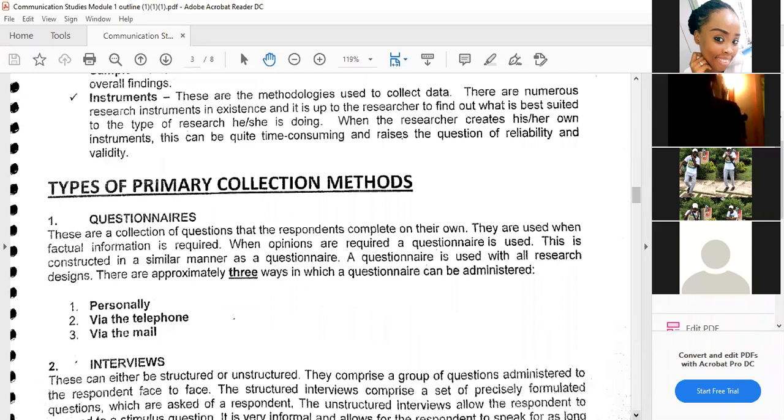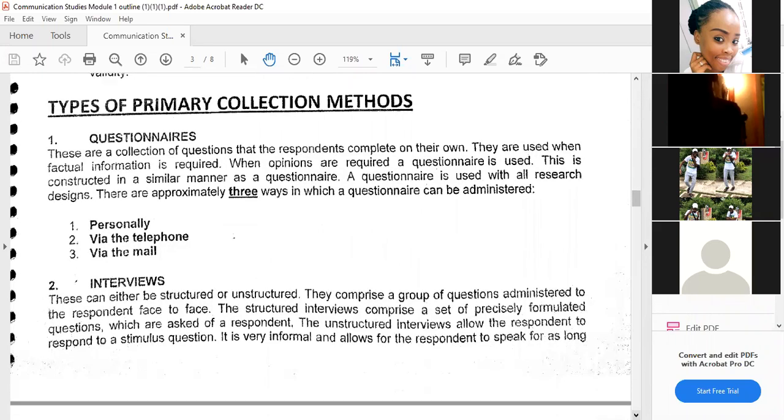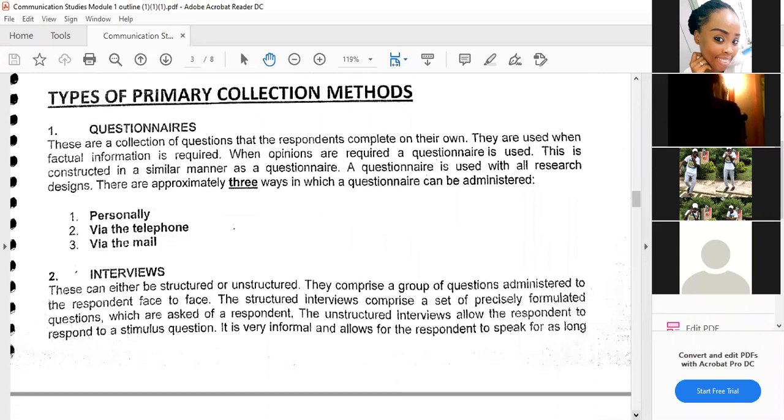But here are the types of primary selection methods. So the first is questionnaire. These are very common. It says, these are a collection of questions that the respondents complete on their own. They are used when factual information is required.